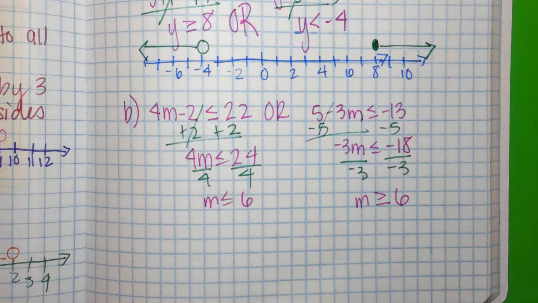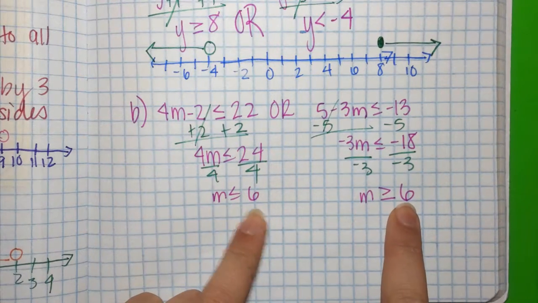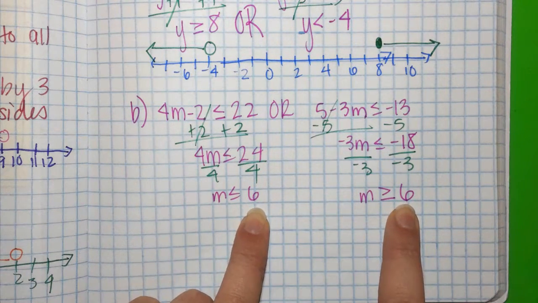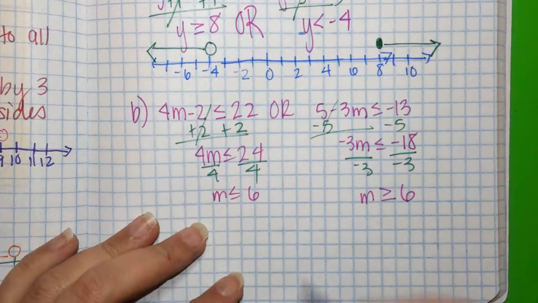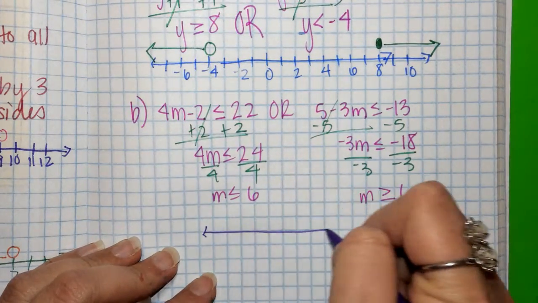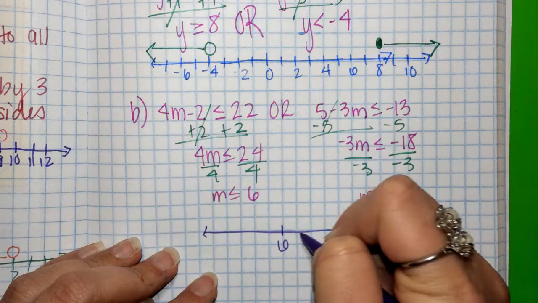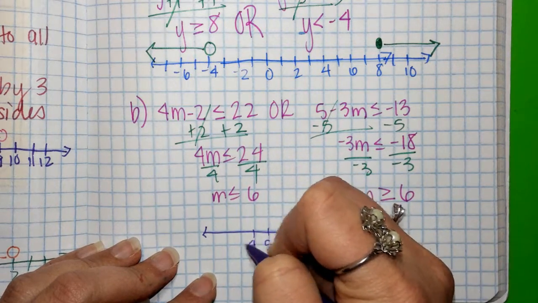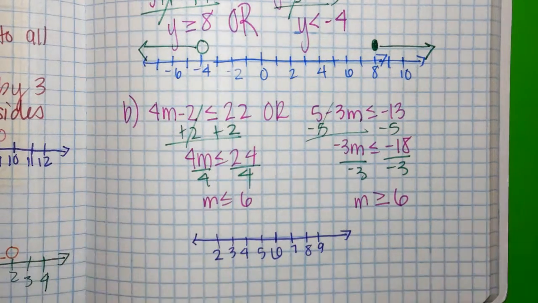All right, so now, on your graph, both of our answers are what? Equal to 6. 6, okay. And they're going opposite directions. So this is what our graph's going to look like. They're both positive.